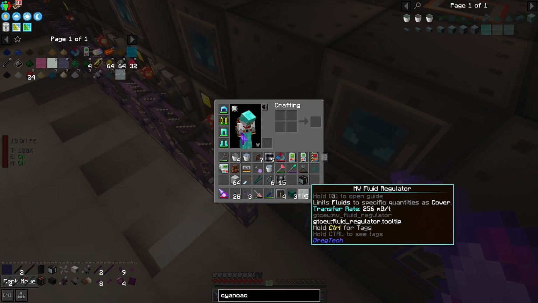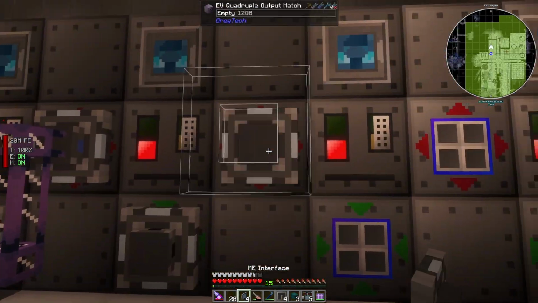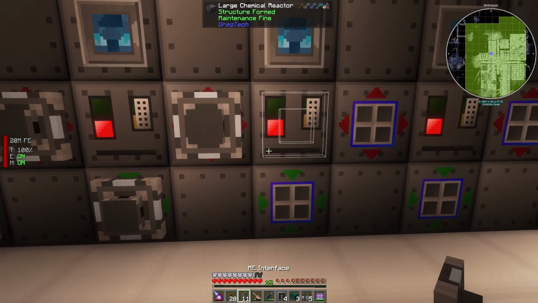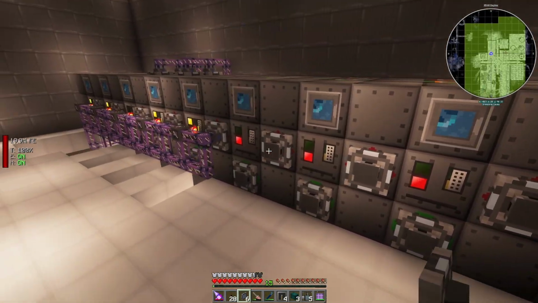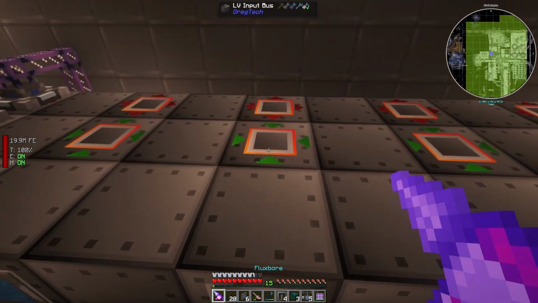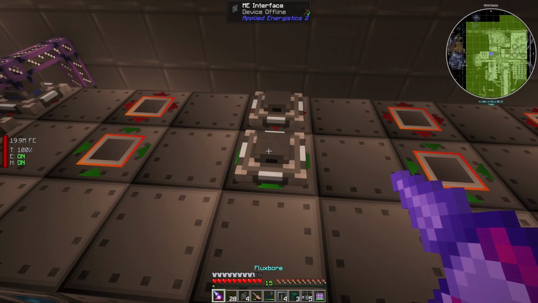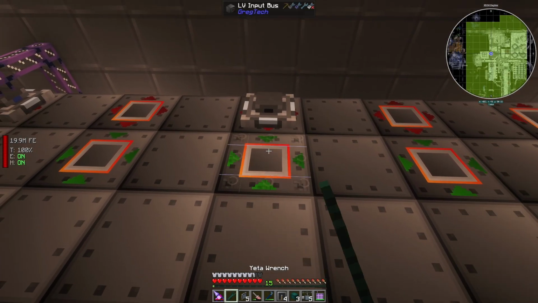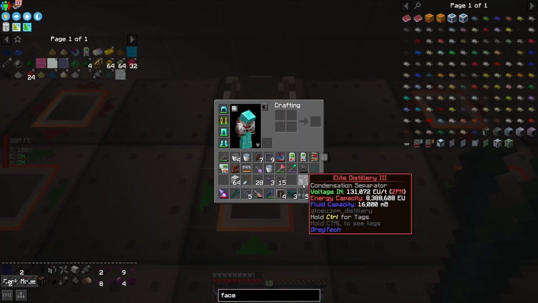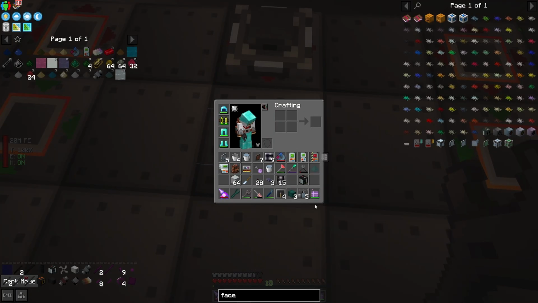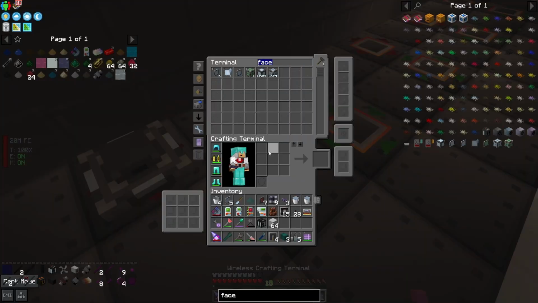Oh, and I should probably get some more buses, or interfaces, I guess. All right. Next. Oh, I should probably take that off. Do I have any robot arms on me still? If I do, I don't see it.